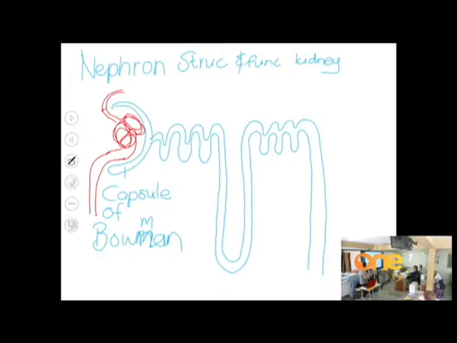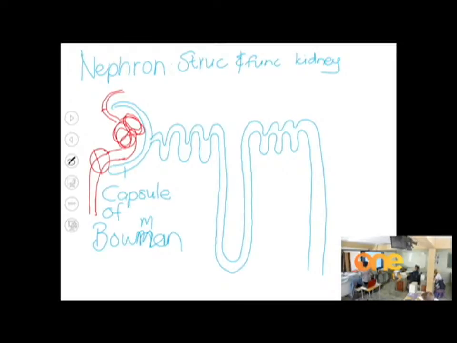I want you to look. The arteriole entering the capsule of Bowman has a wider diameter than when that same arteriole leaves the capsule of Bowman. Do you see that?